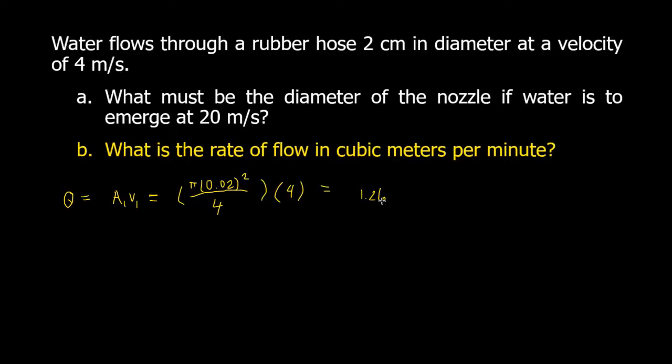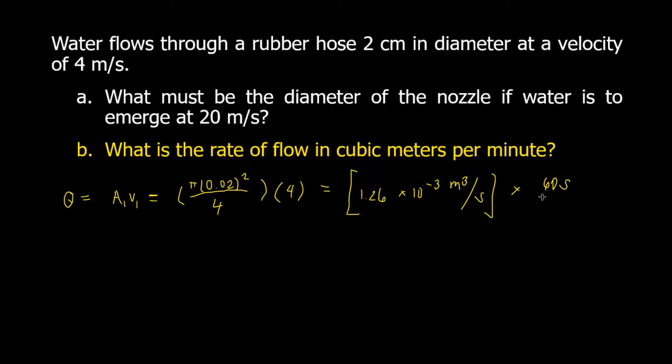Pi times 0.02 squared divided by 4 times 4 is 0.0126. So times 10 raised to negative 2. Oh no, negative 3 cubic meters per second. But we're finding it in terms of cubic meters per minute. So we're gonna multiply this by 60.